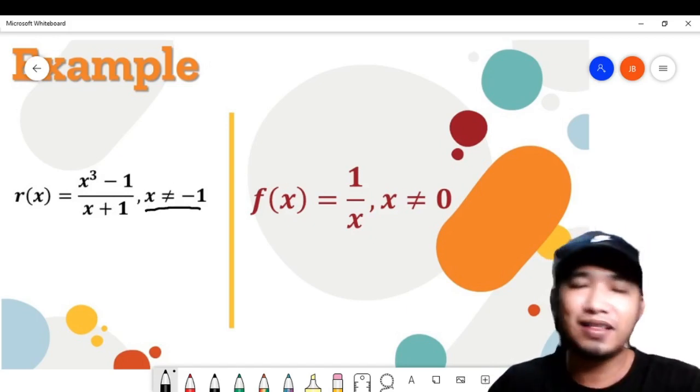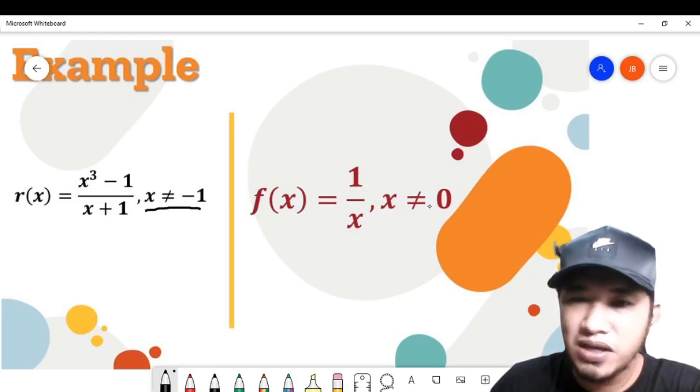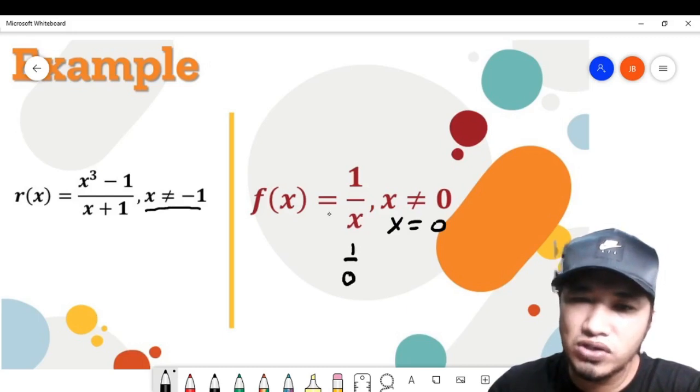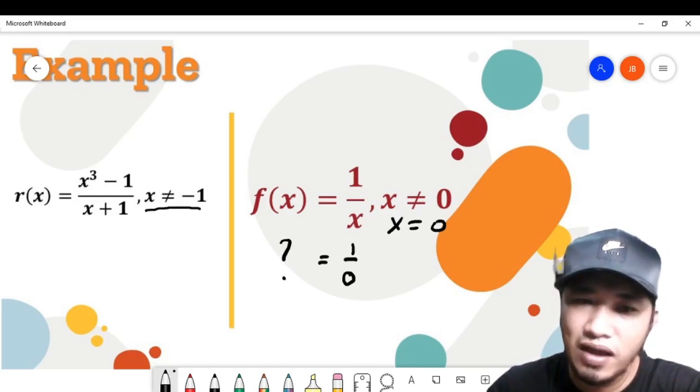Alright? So next, f of x is equal to 1 all over x, and x must not be equal to 0. Because if our x is equal to 0, again, we substitute that to our equation, it becomes 1 all over 0. Oops! Our function becomes undefined.